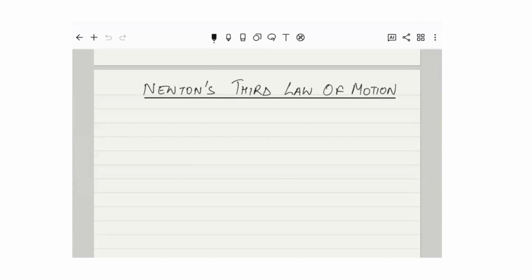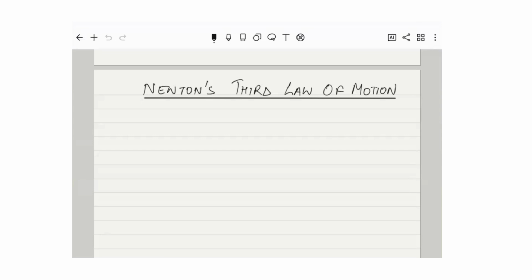Newton's third law of motion. Now what does it say? Please listen to me carefully. Whenever one object exerts a force on another object, then the second object exerts an equal and opposite force on the first object.